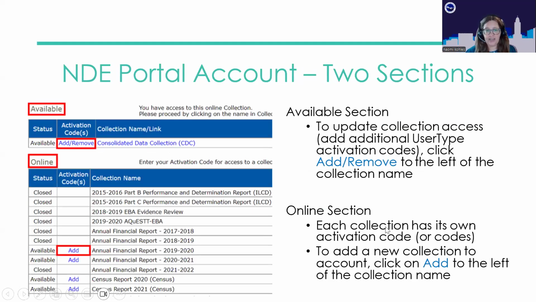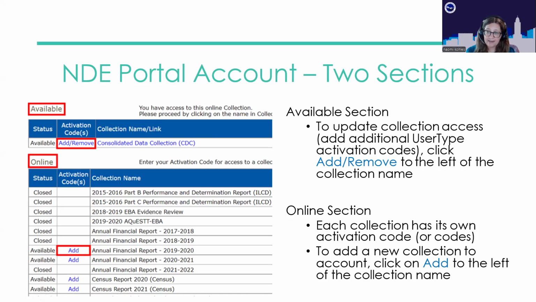So once you're in either the data collections or the student and staff NSSRS tab, and this screenshot here is from the data collections tab, you'll see the items broken out into two sections. You have the top section, which is available. And this is collections that you've already added to your account that you have access to.